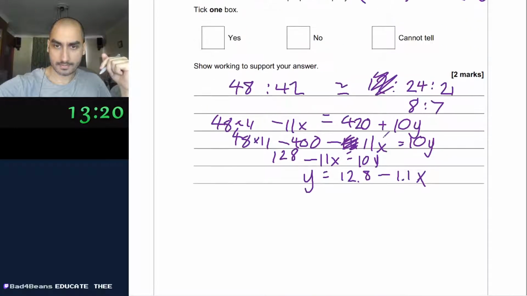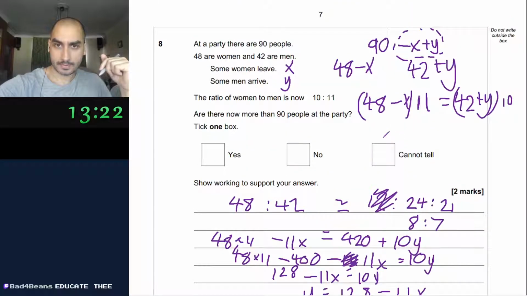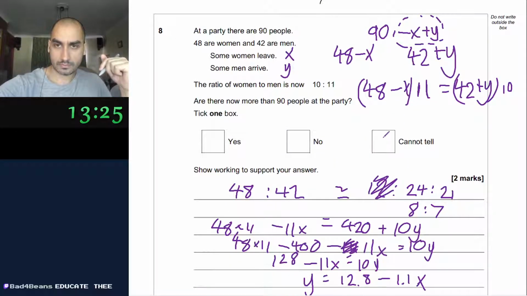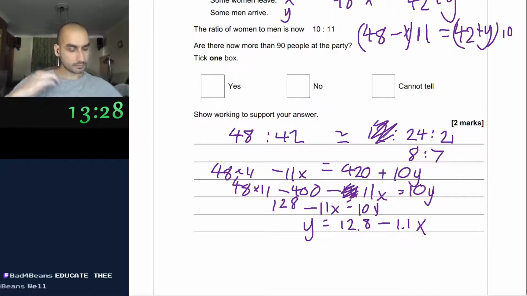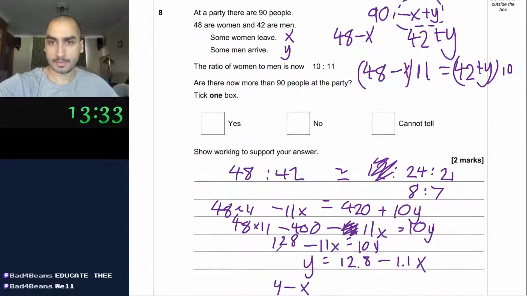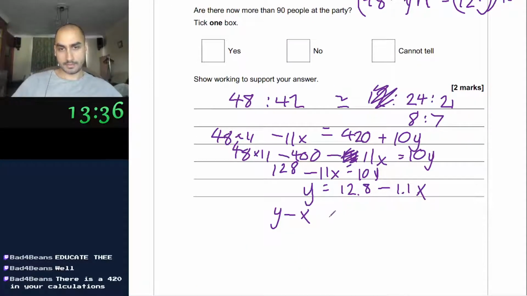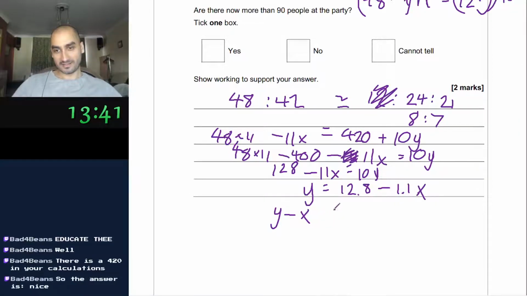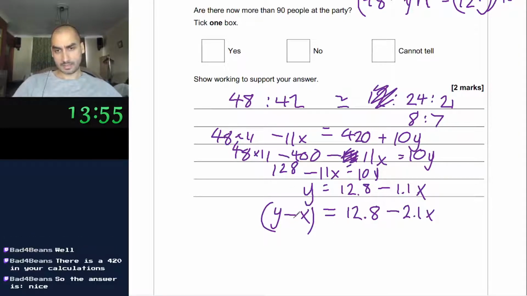So what does this tell us? y minus x. There is a 420 in the calculations. They clearly did that on purpose. Equals 12.8 minus 2.1x. So the question is, is this positive or negative?